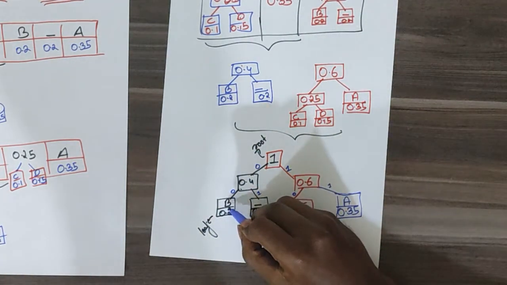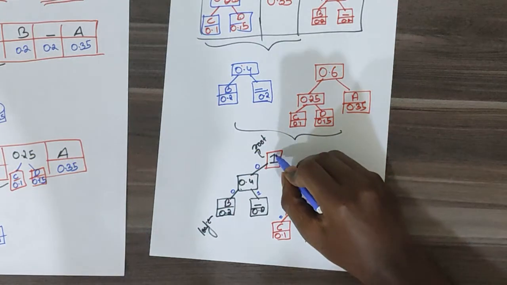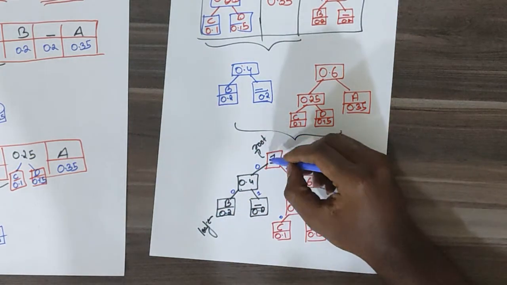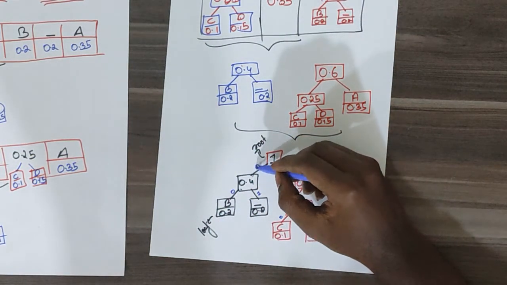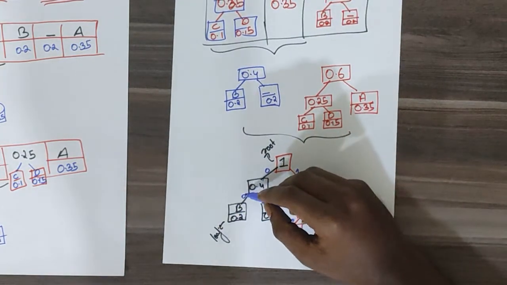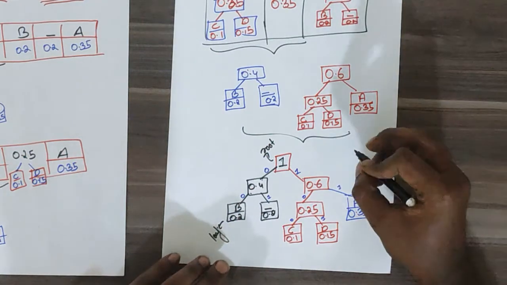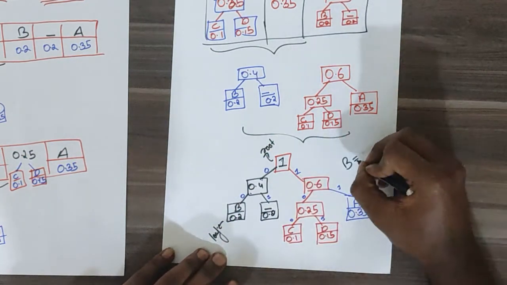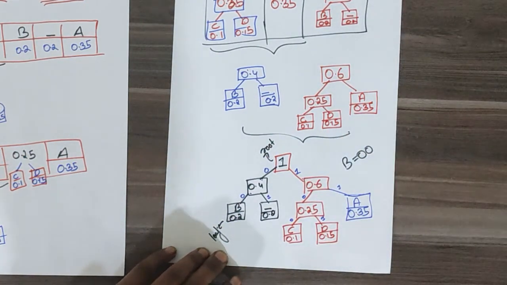Now if you want the string for B, we have to traverse from the root to the leaf of B. On traversing, we go to the left side, so add a 0, and again for another B we have to go towards the left side, so again 0. So our B would be represented by the string 00. So here are some examples.